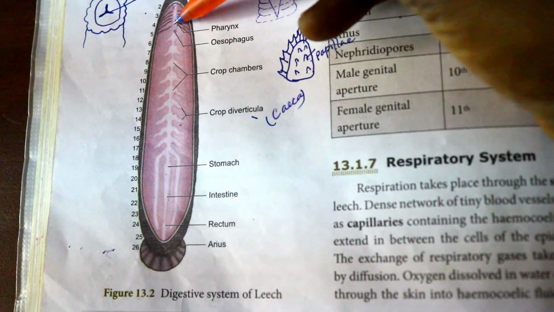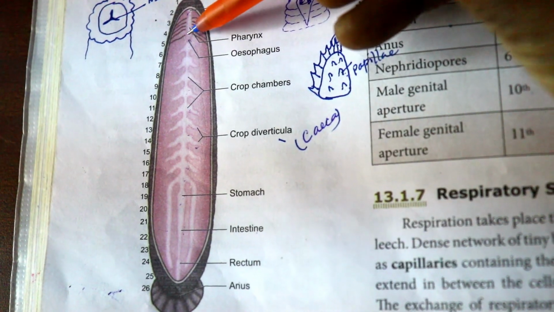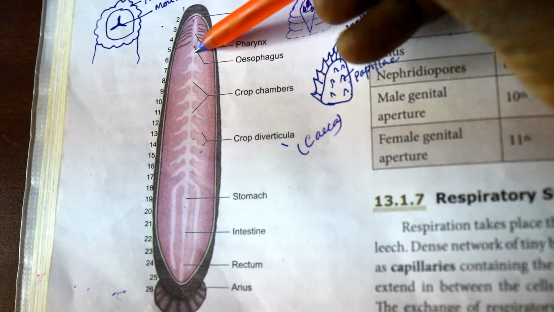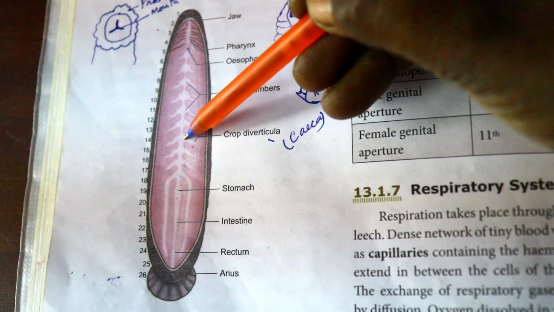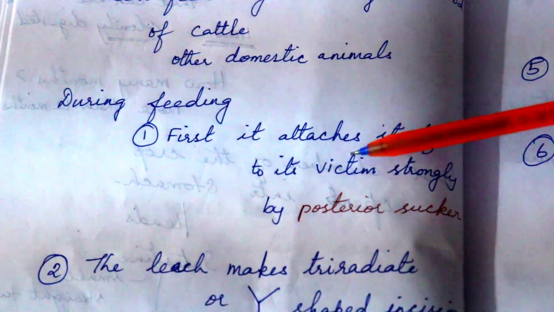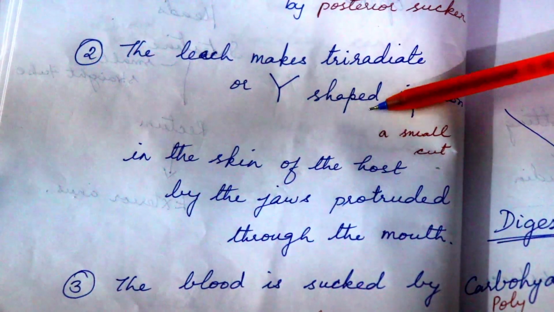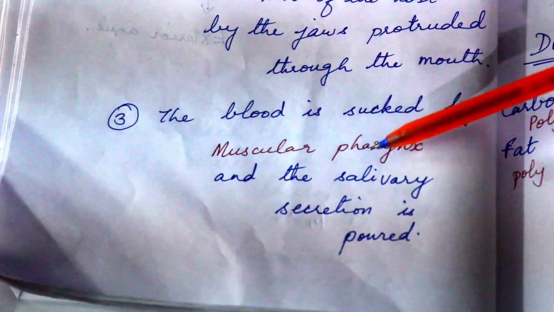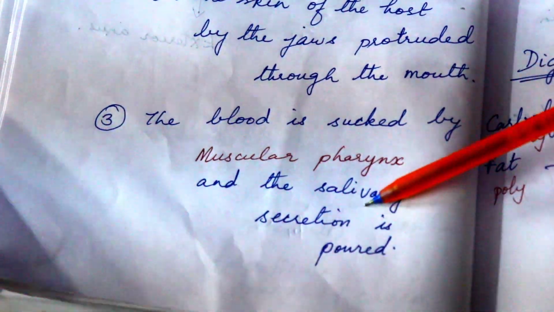Then gradually, like water flowing in a tube, through this oesophagus each crop will receive the blood. During feeding it attaches, the Y-shaped triradiate incision takes place. Then blood is sucked through the muscular pharynx and the salivary secretion is poured in, we have seen that.